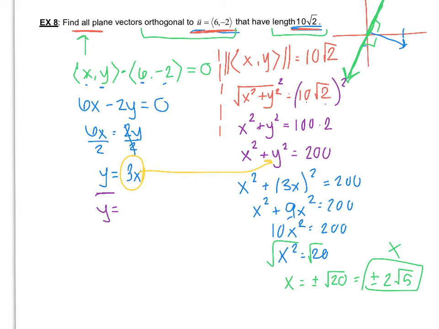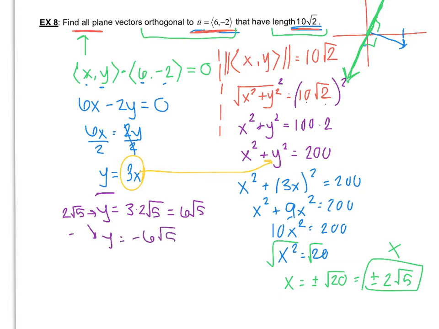So when x equals positive 2 root 5, y would equal 3 times that, which is 6 root 5. Or if we have a negative 2 root 5, y would equal negative 6 root 5.